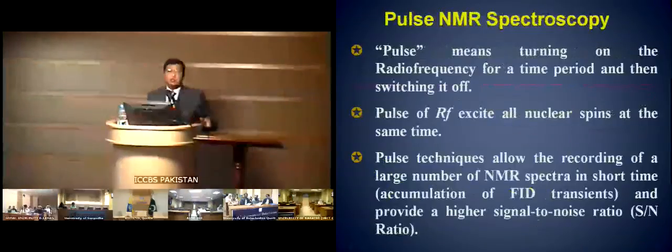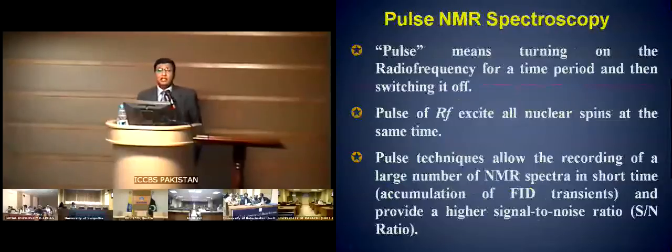Pulse Fourier transformation spectroscopy, as a reminder to you, kindly remember that it is a very fast technique. You have gone out of conventional NMR machines, in which you are spending tons of your time just to record a baseline.